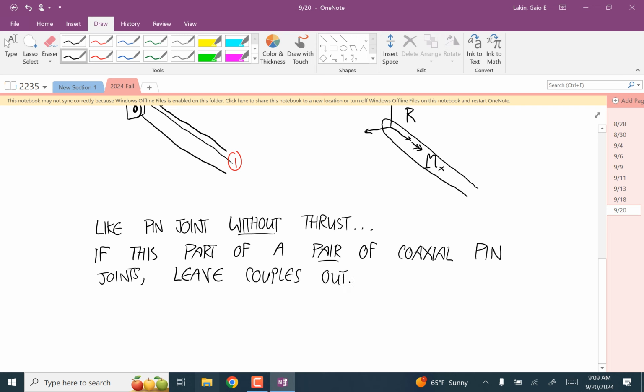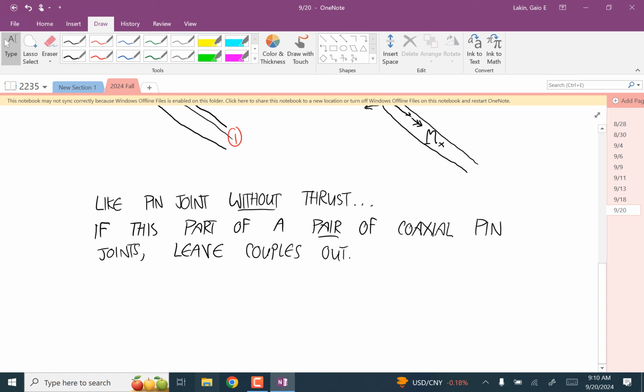And the reason for that is, well, this thing isn't very good at applying those couples. It's much better at applying forces. And if you have 2 of them on the same axis, the forces that they provide prevent those rotations. And so these joints don't have to provide those couples. Okay. And so usually we'll see it like that. We'll see a couple problems where it's just a single joint like this.